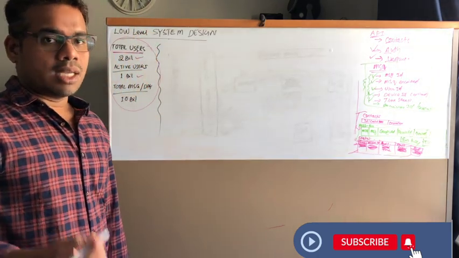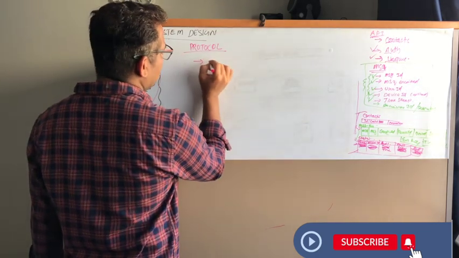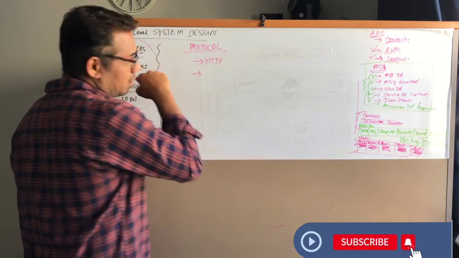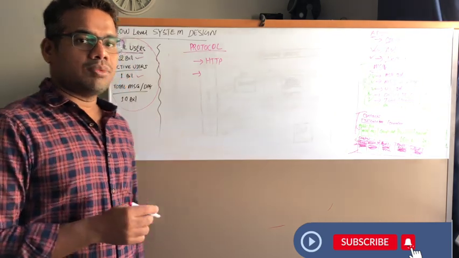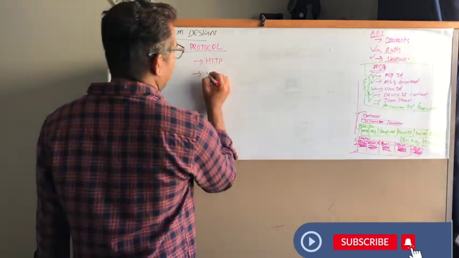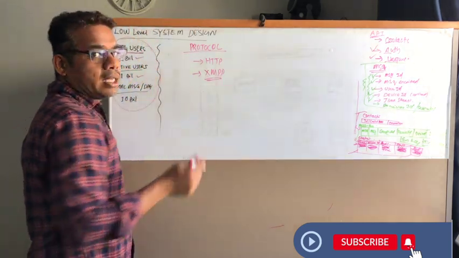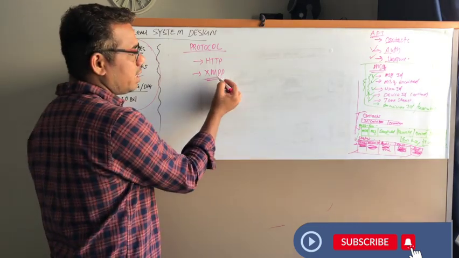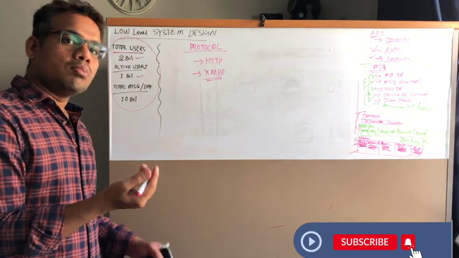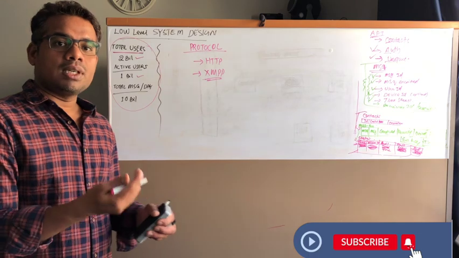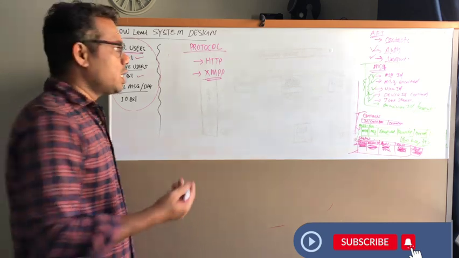We can use HTTP, but the most widely used protocol in the WhatsApp service is XMPP, the Extensible Messaging Protocol, used by WhatsApp and most chatting systems to make messaging communication robust.